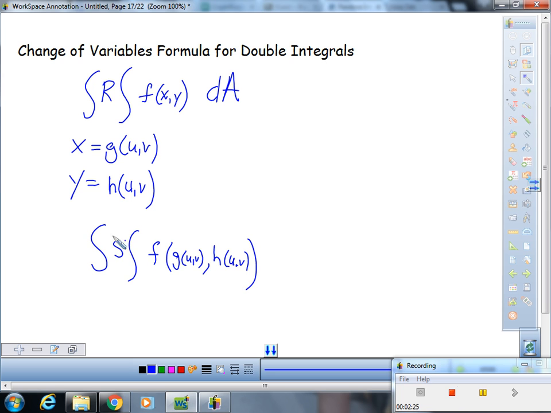Since we've changed the region that we're integrating over, we need to multiply by our Jacobian factor, and now we need to have it either in du dv or dv du. So now we've got our change of variable formula.